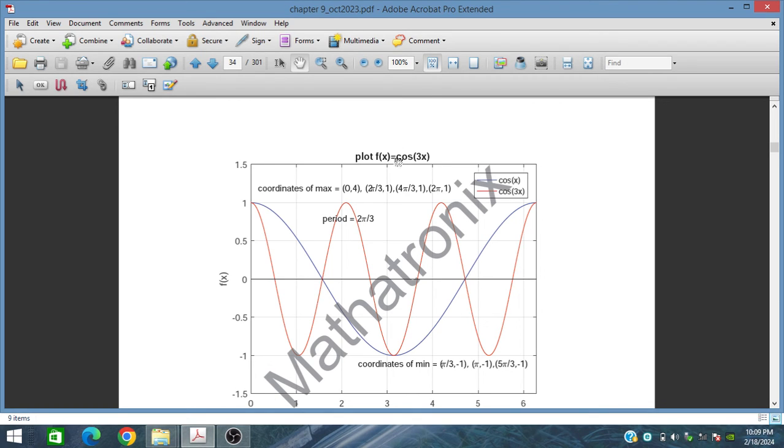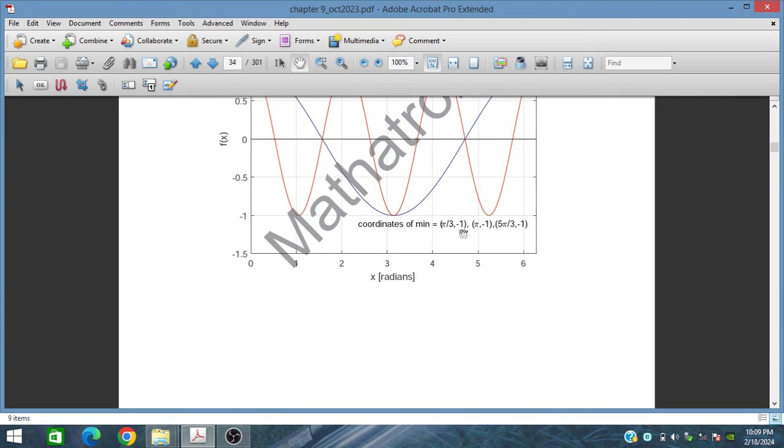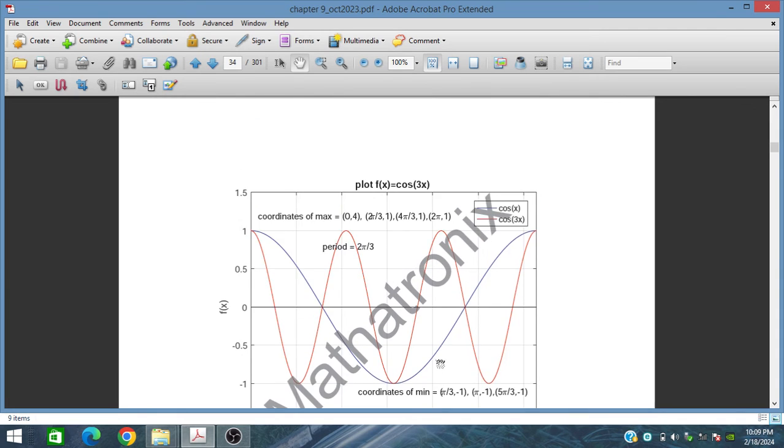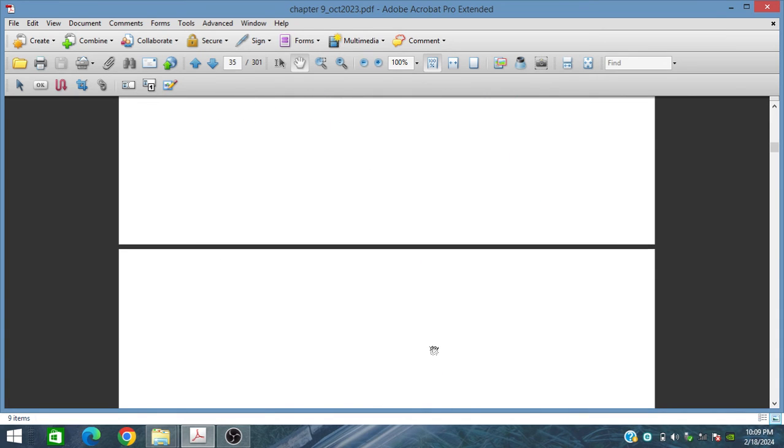Since the magnitude is 1, that's why it's 1. If we place 2, then it becomes 2. So this is simple, and the coordinates are written in the form of pi instead of degrees.